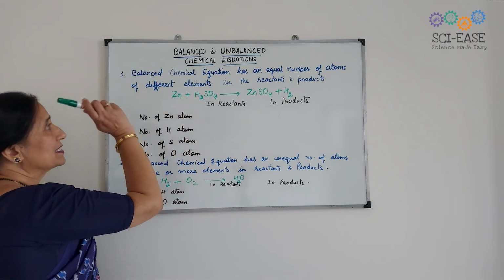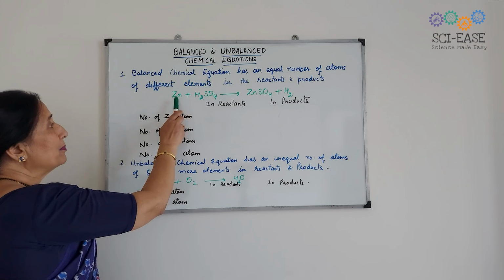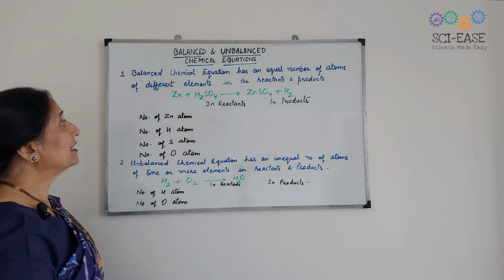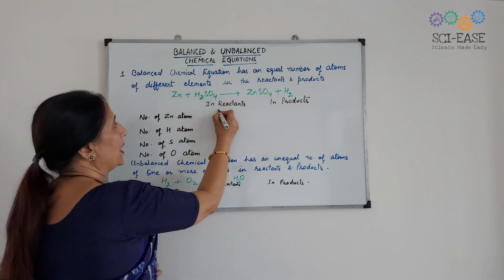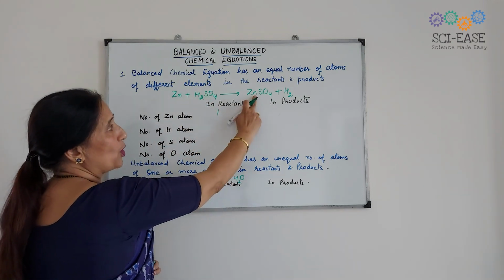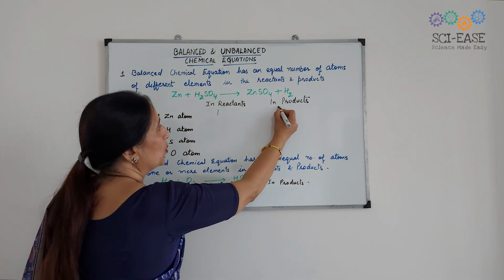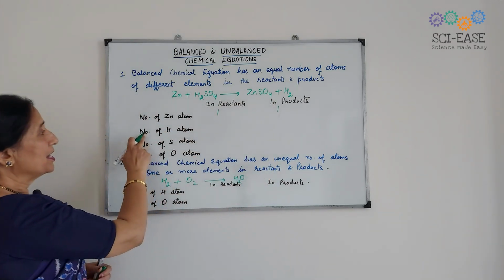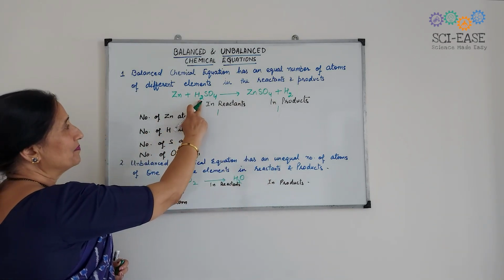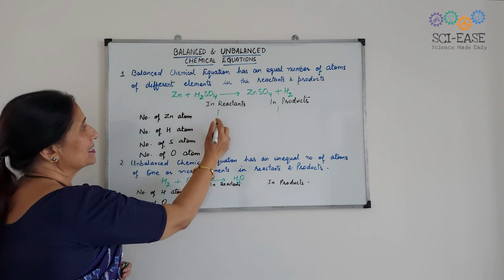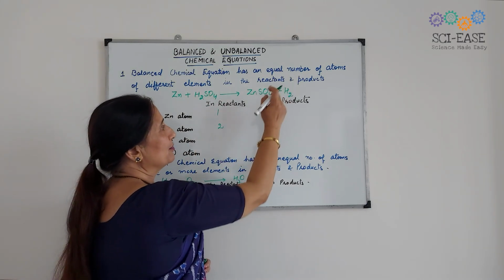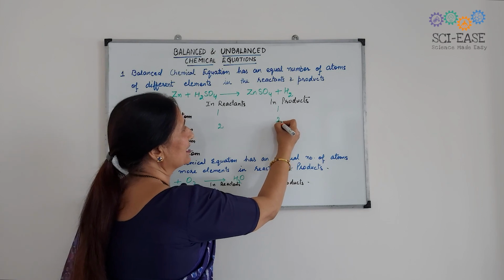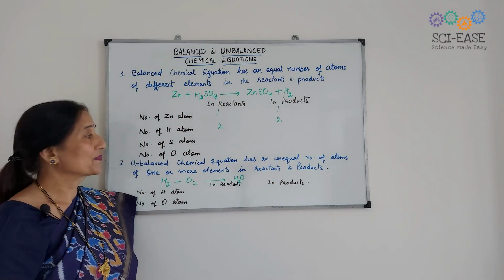First, we will see the number of zinc atoms. In reactants, it's 1. In products, it's again 1. Number of hydrogen atoms in the reactant side is 2, and in the product side, it is again 2.